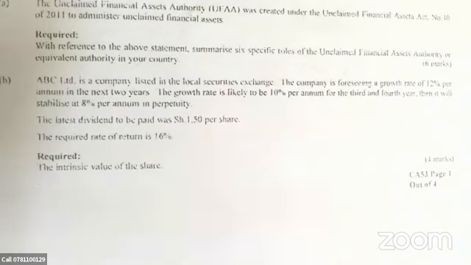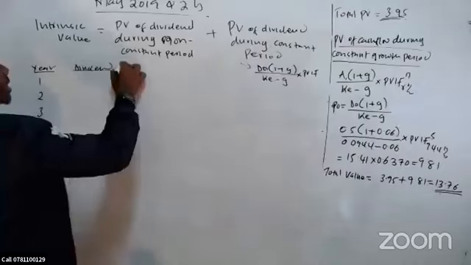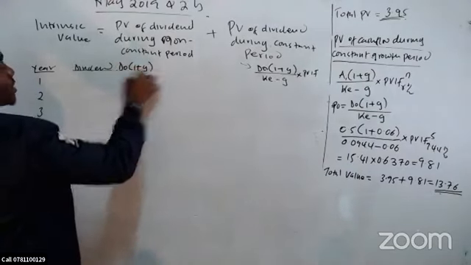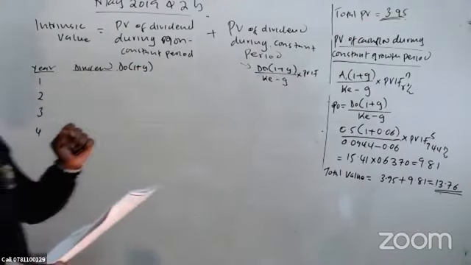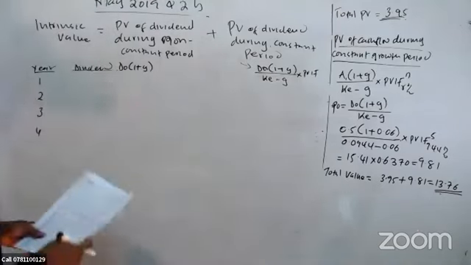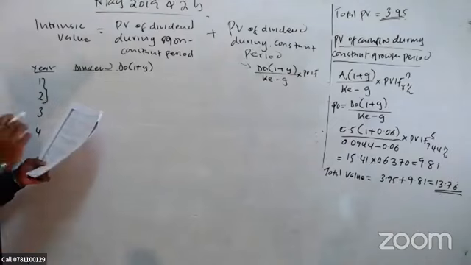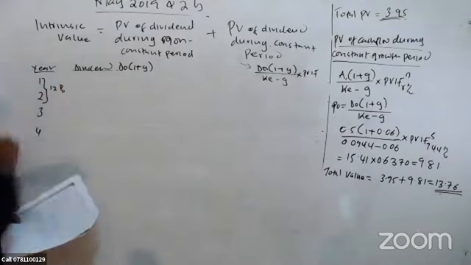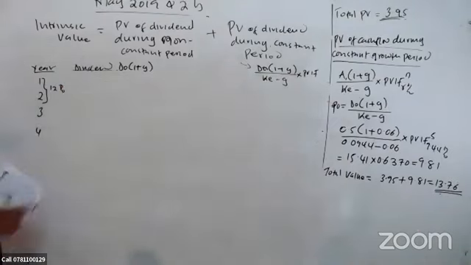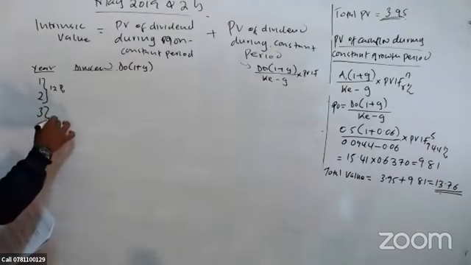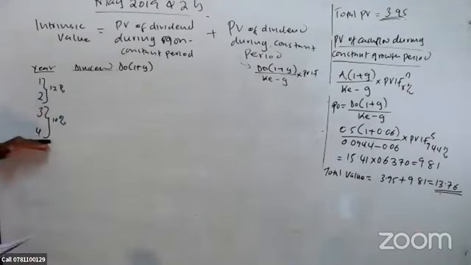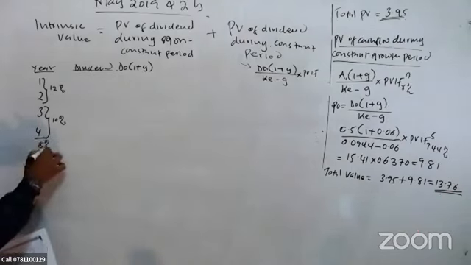So how do we get the dividends? In this case, we'll be getting D0 (1 plus the growth rate). We are told that the last dividend paid was 1.5, and that year 1 and year 2 will grow at the rate of 12%. Then from year 3 to year 4, it will grow at 10%, after which it will stabilize at 8% to perpetuity.